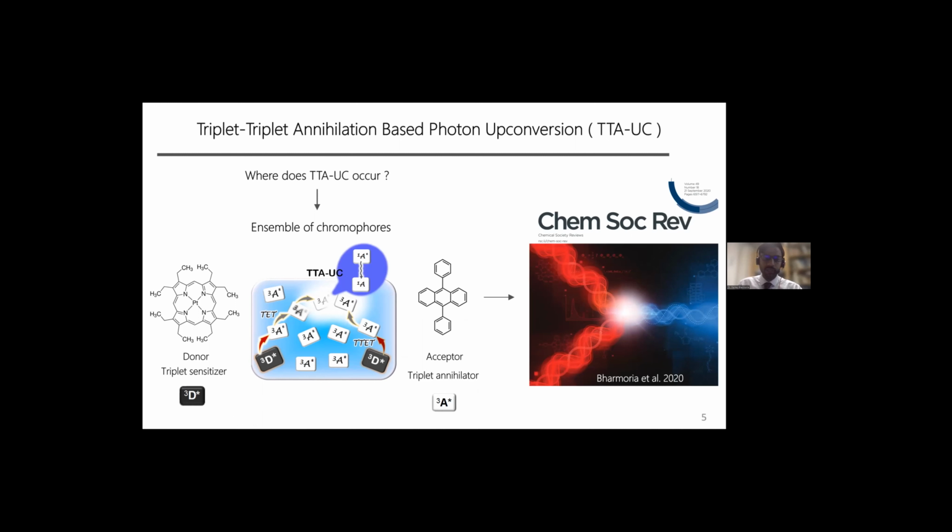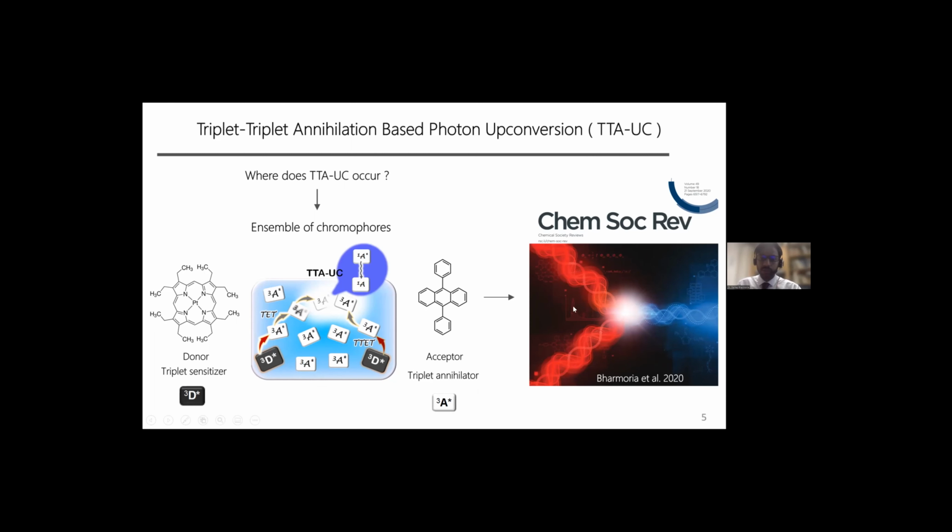What happens is that we excite the triplet sensitizer at low energy, and while going back to the ground state, it transfers its triplet energy to the dark triplets of the acceptor or annihilator molecules. And when two such sensitized triplets of the acceptor meet in space-time, they undergo triplet annihilation that results in the formation of a high energy singlet state that shows the anti-Stokes delayed fluorescence known as the upconverted fluorescence.